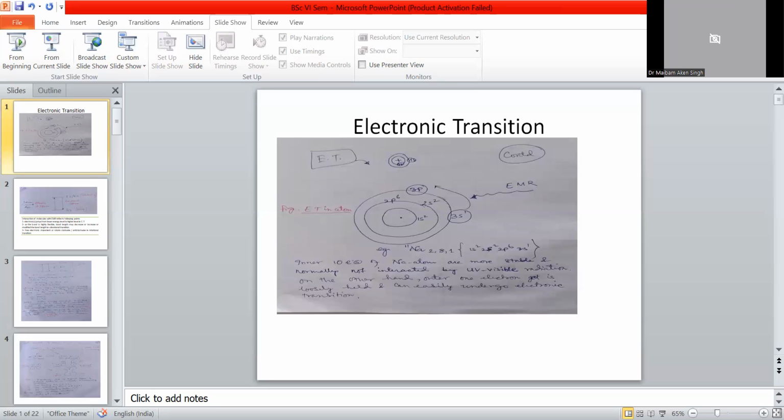Then chromophores, I repeat, are of different types, independent and dependent. For an independent chromophore, only one is enough to impart color, for example azo group, nitroso group. For a dependent one, more than one chromophore is required to impart color.